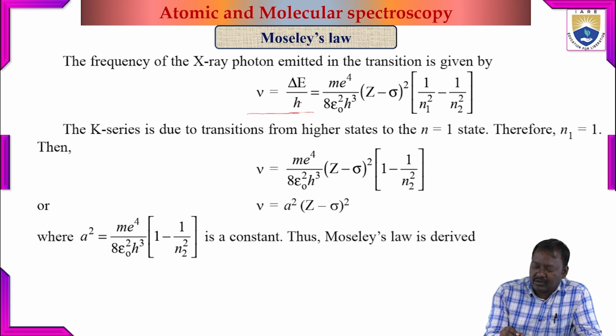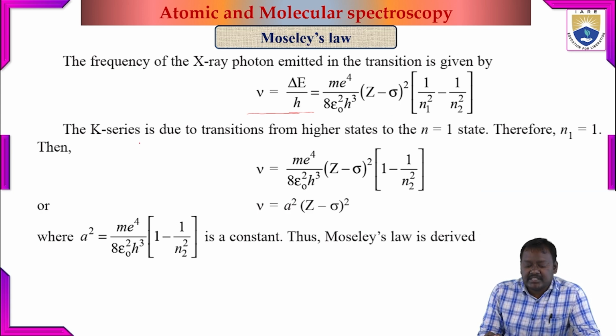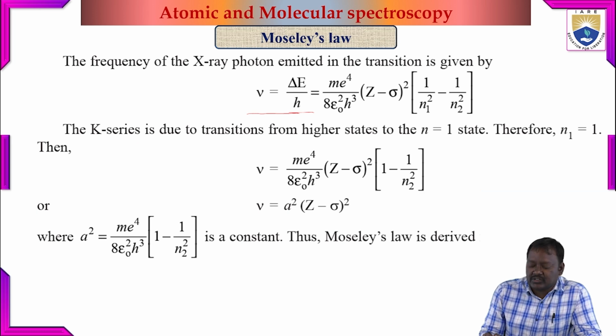So for the K series, due to transition from higher states to the n equal to 1 state, n1 can be taken as 1 for K alpha. For the K series, particularly n equal to 1.